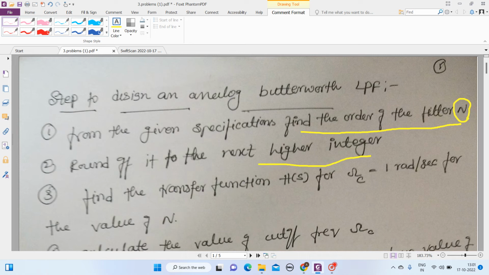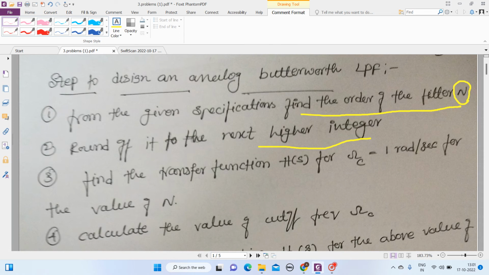Usually you will get a decimal value like 3.9, 4.9. You have to convert it, or round off the obtained value, into the next higher integer value.